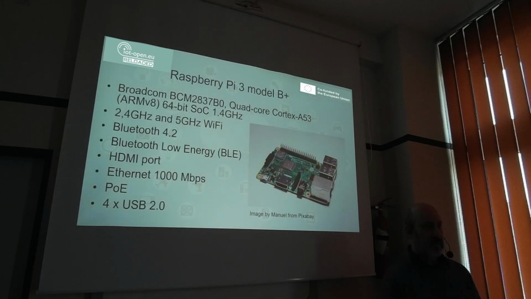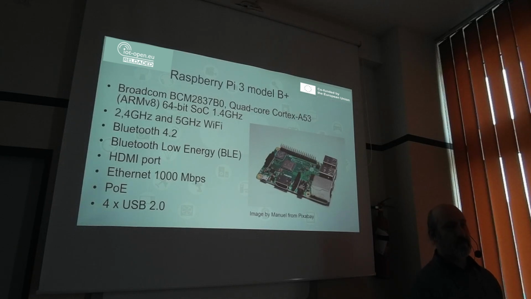The newer version is Raspberry Pi version 3. It also has a quad-core processor, but with higher frequency, 1.4 gigahertz. It also incorporates wireless connectivity, so it has a Wi-Fi module built in, and Bluetooth 4.2.